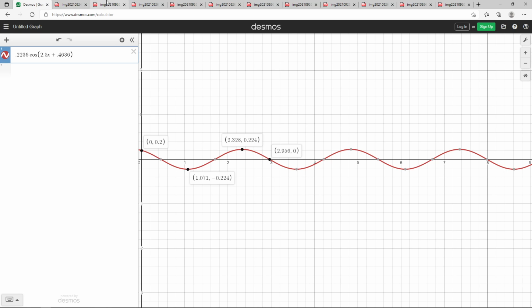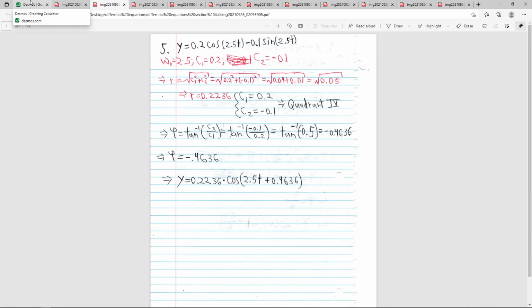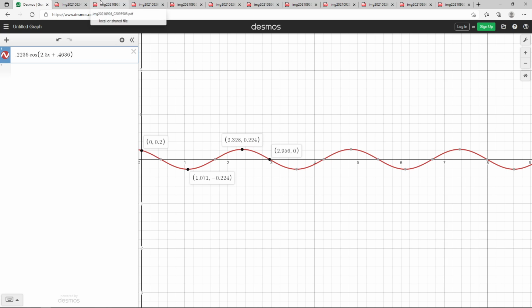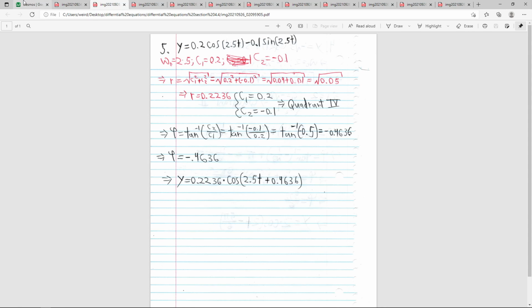This is a smaller graph because of our small values of c1 and c2, which are very low.